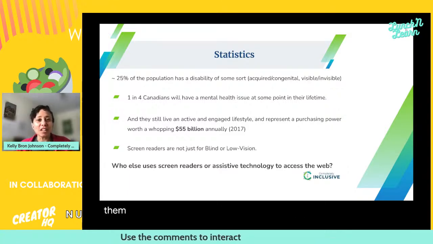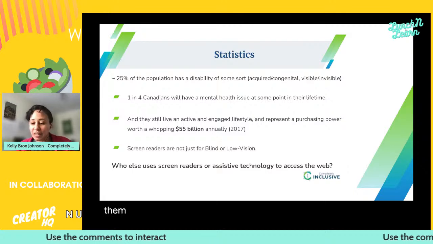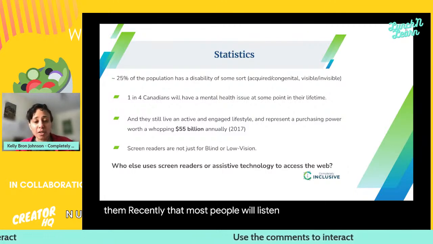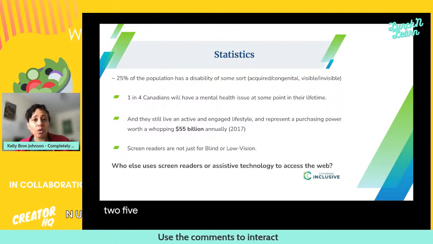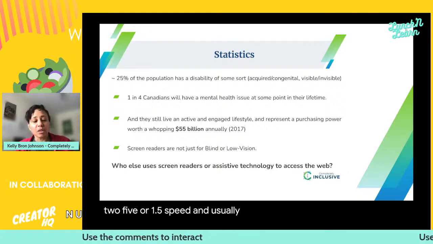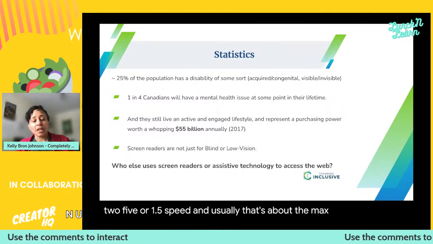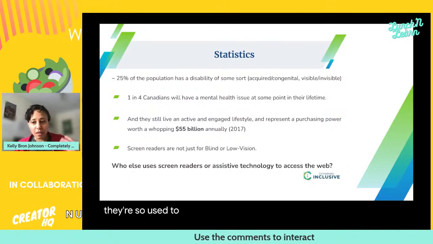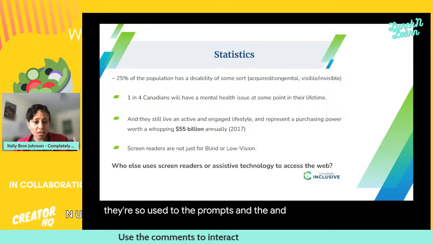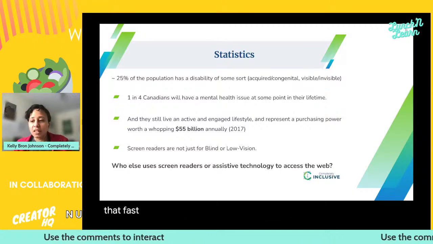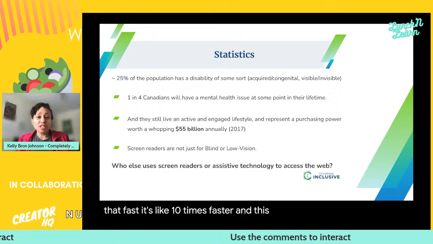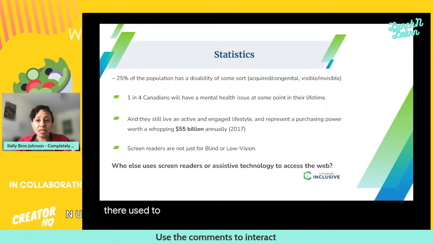I saw somebody had a poll recently that most people will listen to their podcast at 1.25 or 1.5 speed, and usually that's about the max. Whereas people who use screen readers on a regular basis, they're so used to them, and they're so used to the prompts and just listening to language that fast. It's like 10 times faster. And that's because it's efficient for them. They're used to it. That's how they work.